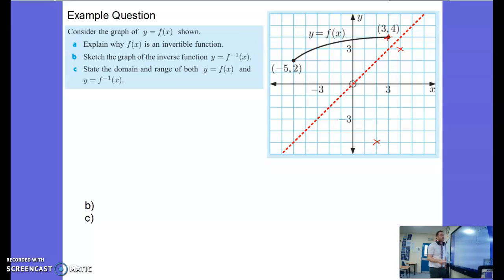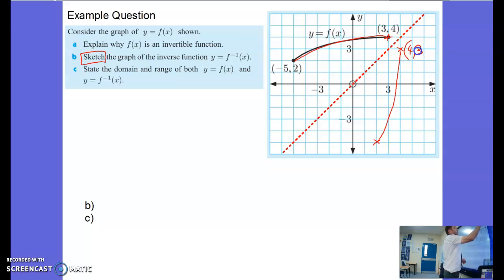So I know that those are 2 points on the line, and I know they're joined by a curve, so mine are going to be joined by a curve something like that. It's not perfect, but this word sketch means I don't have to be perfect. Draw, we've got to be as exact as possible. Sketch, we would just put this on, and we would give all of the information that we've used here.